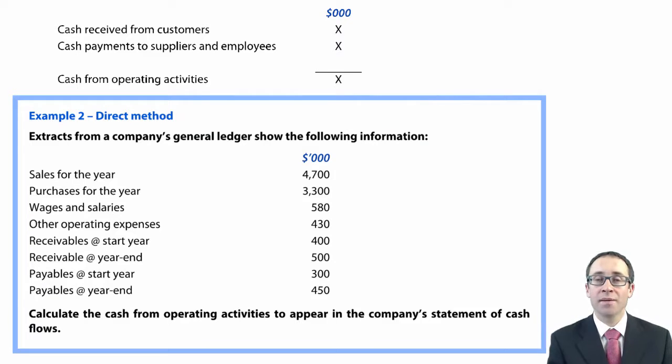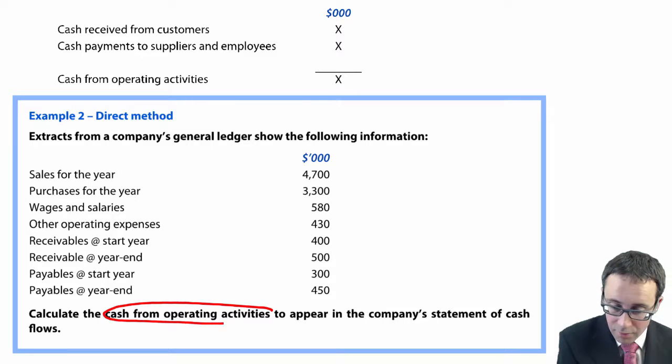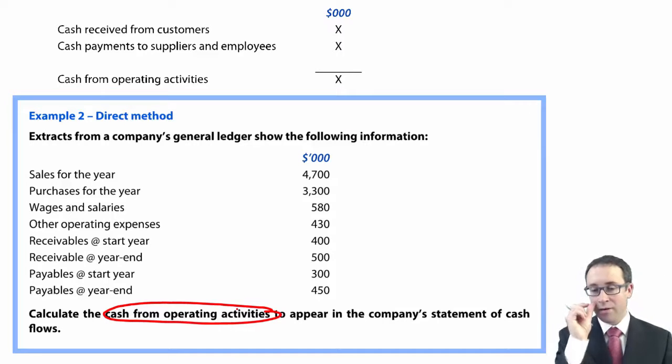Sometimes you'll have to use T accounts, sometimes you'll just use the information that's given to you within the question, which is maybe a cash figure. Within the example that we have referred to as direct method, it says calculate the cash from your operating activities to appear in the company statement of cash flows.